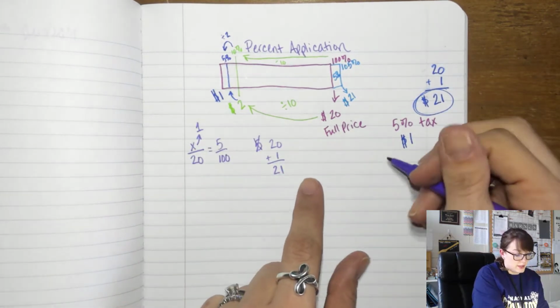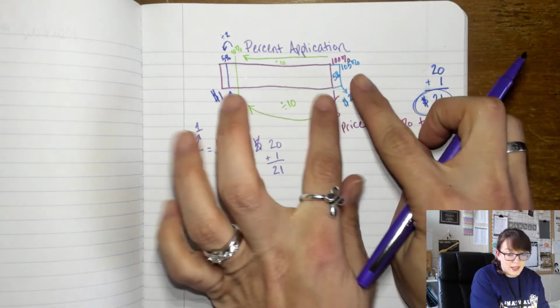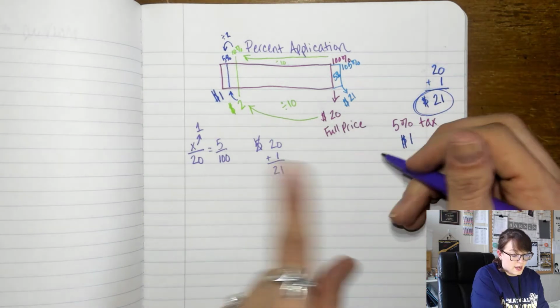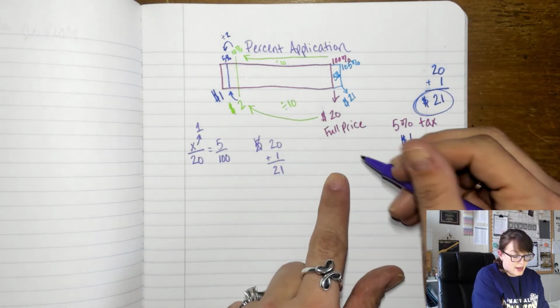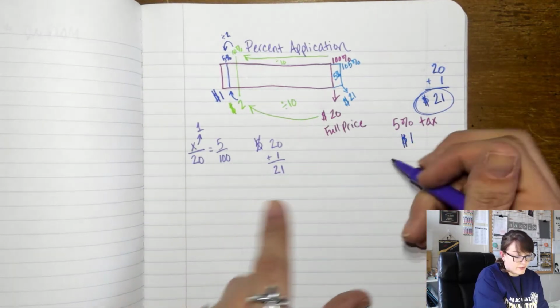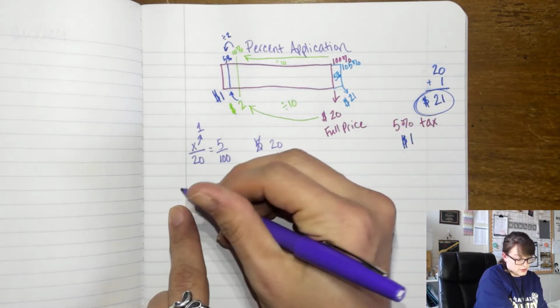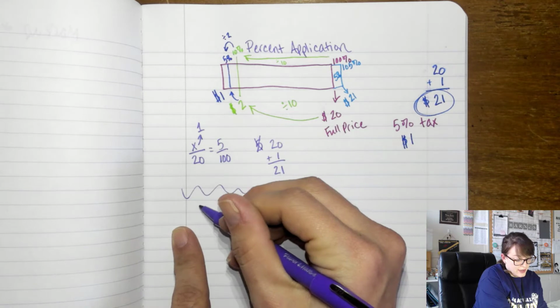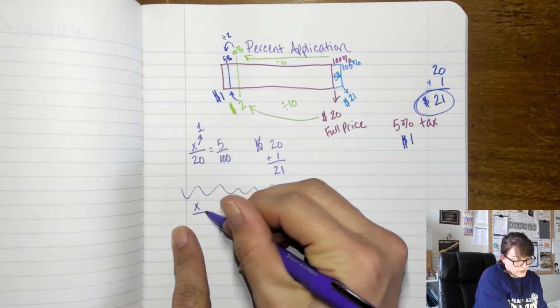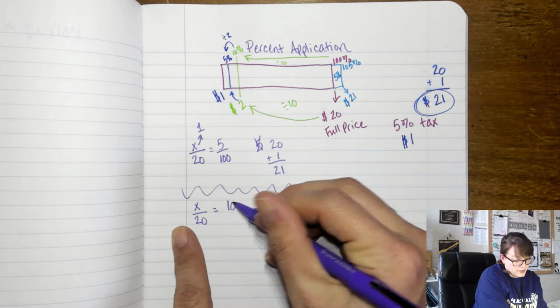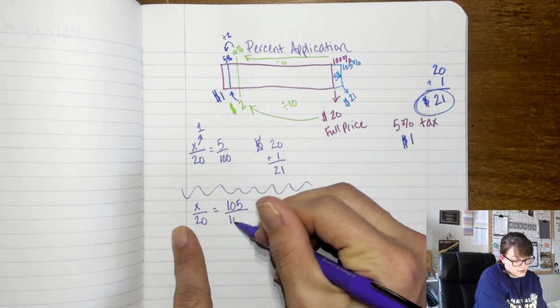Another way to think about it is, again, if I'm adding 5% to the price, then I'm no longer paying 100%. I want to pay 105%. So if I did, let me do a squiggle, keep them separate. If I did x over 20, I need to find 105%.